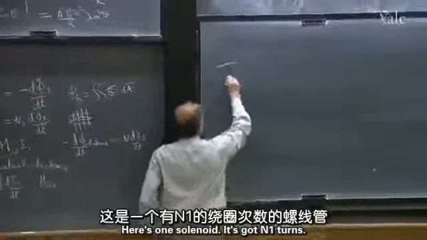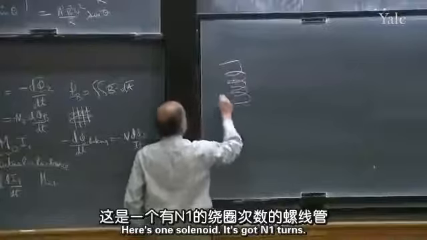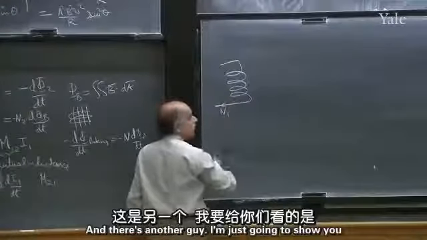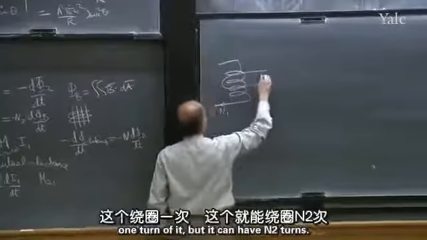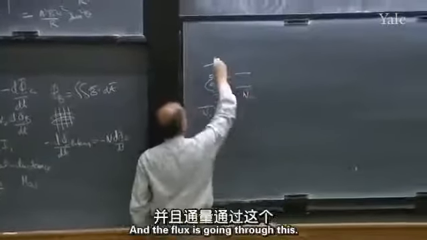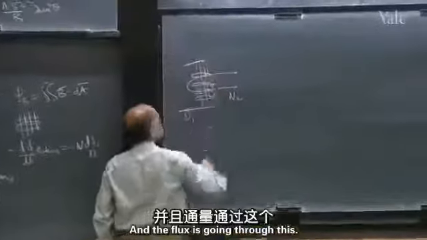So here's one solenoid. It's got N1 turns. And there's another one. I'm just going to show you one turn of it, but it can have N2 turns. And the flux is going through this.